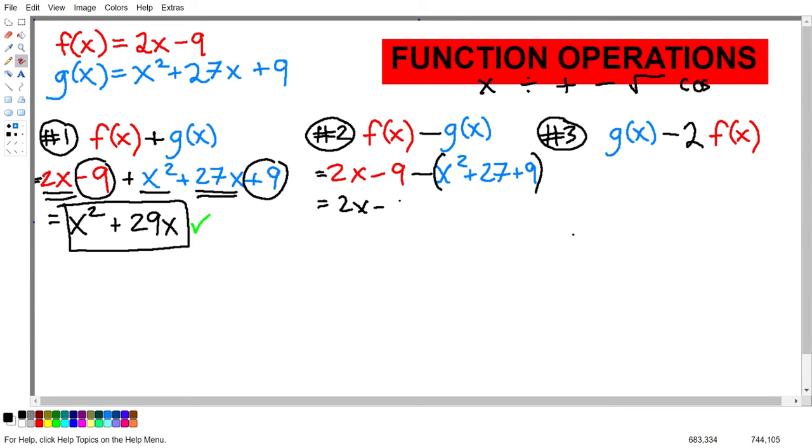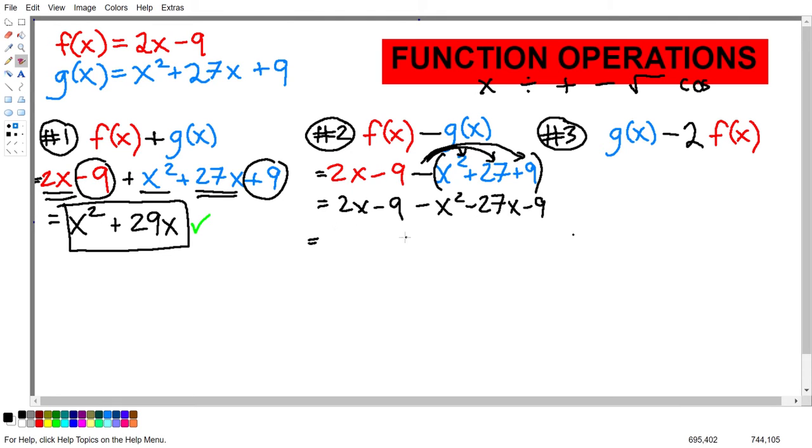Two x minus 9, and if we distribute the negative sign to all terms, we'd get negative x squared minus 27x minus 9. Notice how all those signs have switched from positive to negative. Okay, that is exactly how you do this correctly.